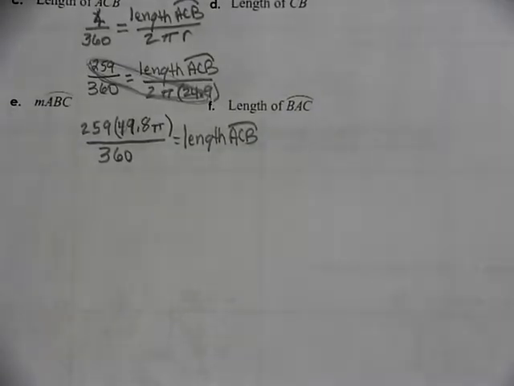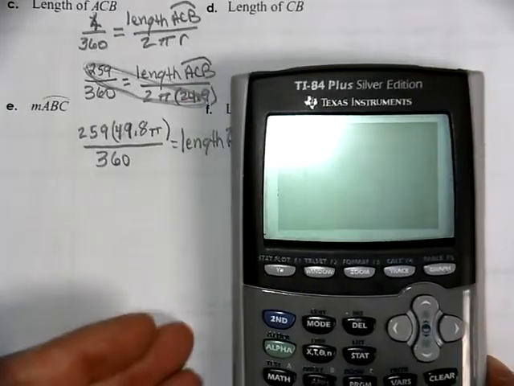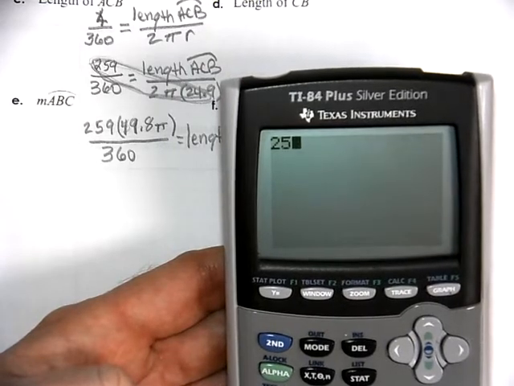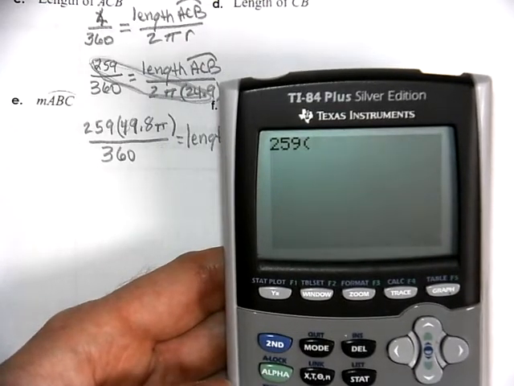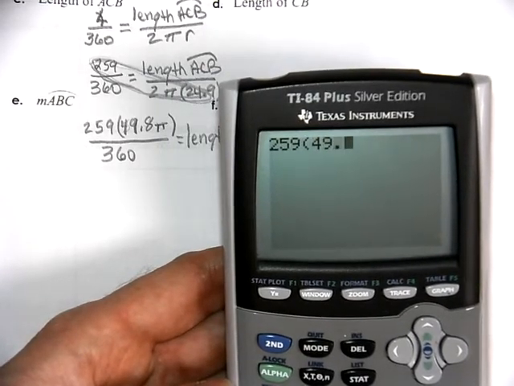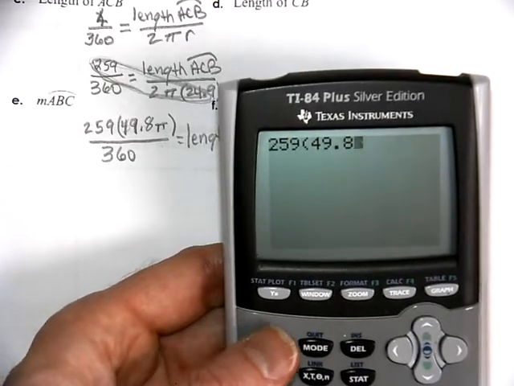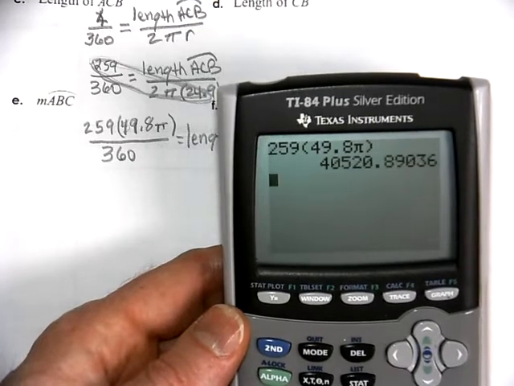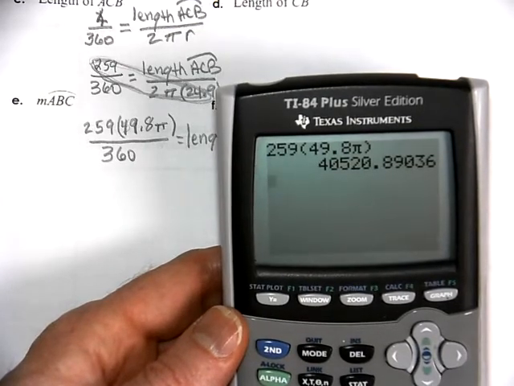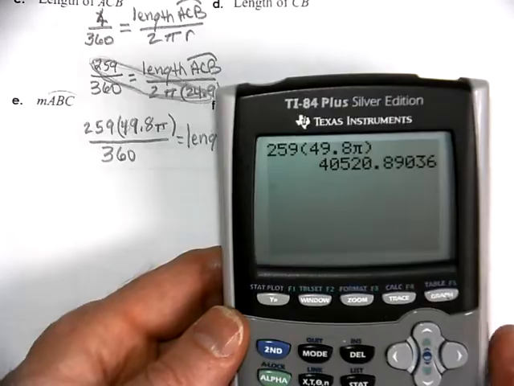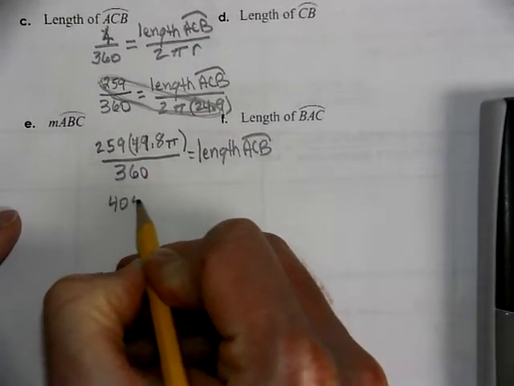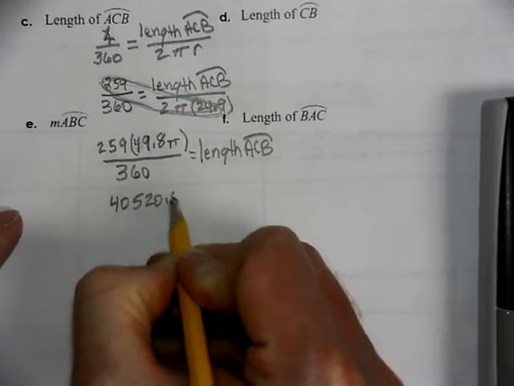Now we can go to our calculator. We type in our 259 times 49.8 pi. You can figure out that number as 40,000. Now you can write that 40,000 down. I love showing work. 40,520.89.